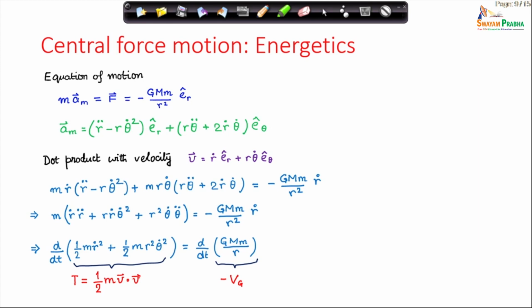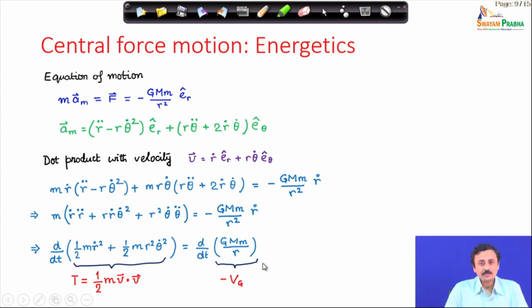The left hand side, as I mentioned, within the brackets is the kinetic energy of the particle. The quantity within the brackets on the right hand side, we have seen, is minus of the gravitational potential energy of a mass in a gravitational field because of a central force field. So, the right hand side bracketed quantity is the negative potential of a particle in a central force field, and the left hand side bracketed quantity is the kinetic energy.